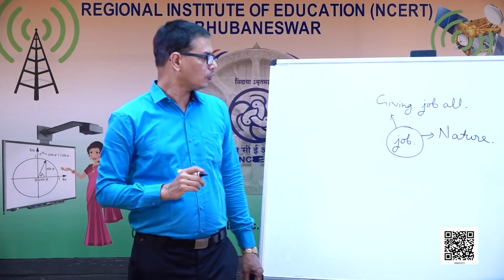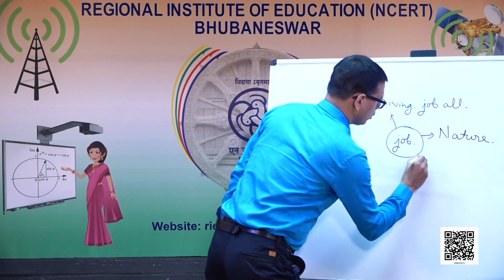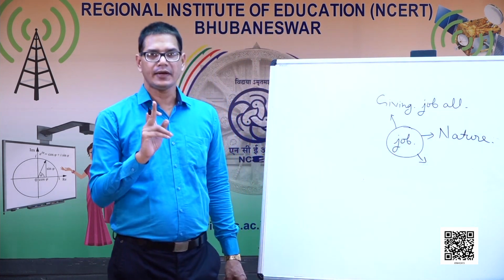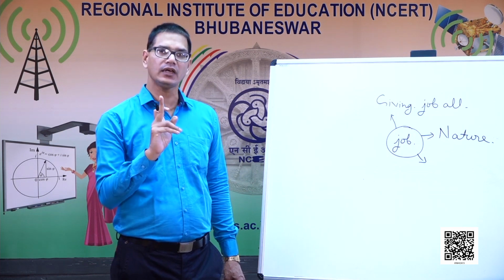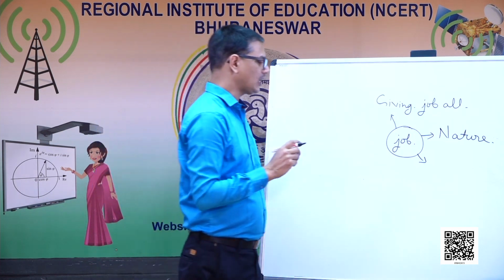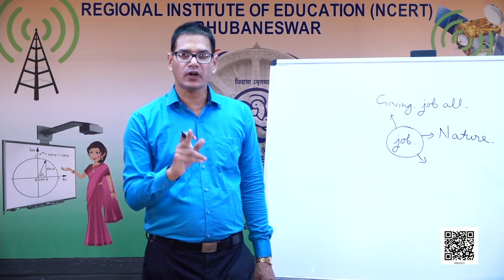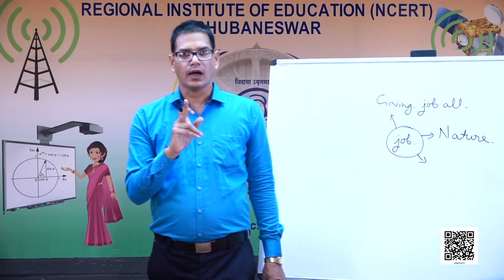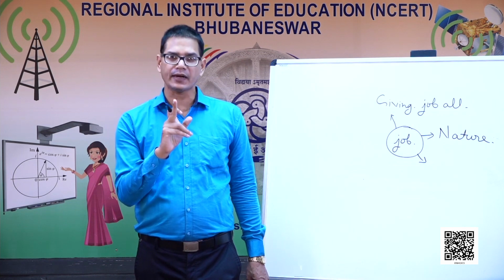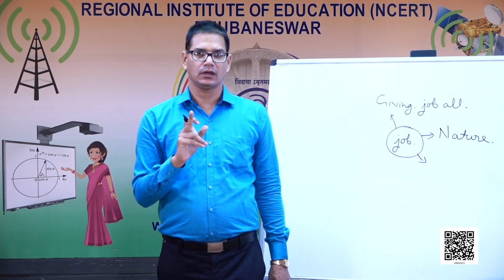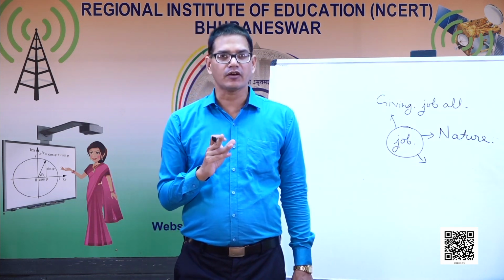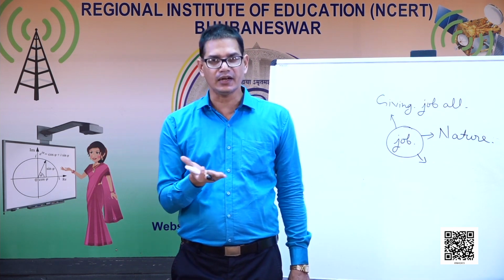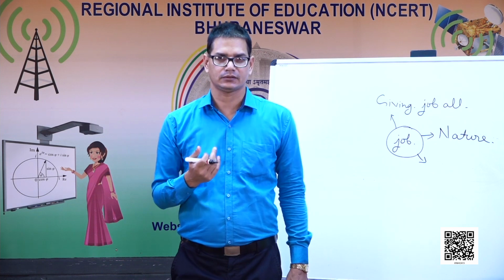Third, we have to give respect to each work that is beneficial to the society. That means we should respect the safai karmachari as equal as our doctors and engineers. Otherwise, there will be unrest in one society and that may lead to clash.